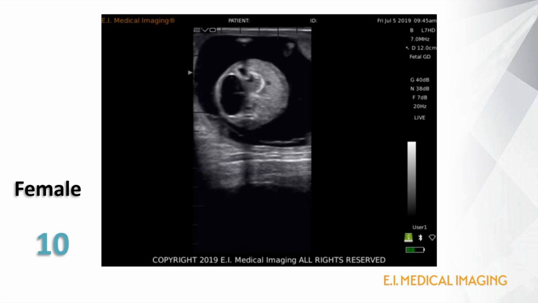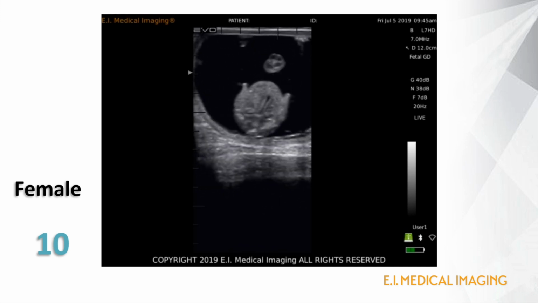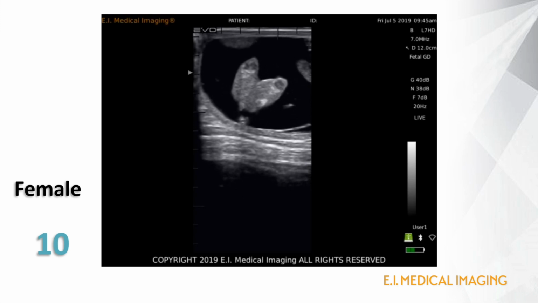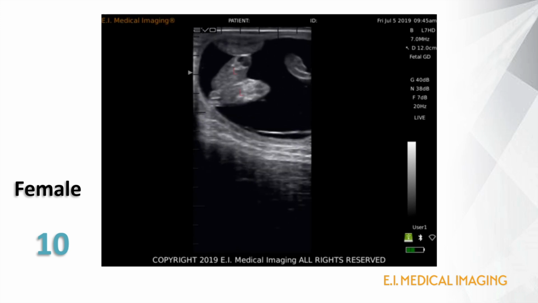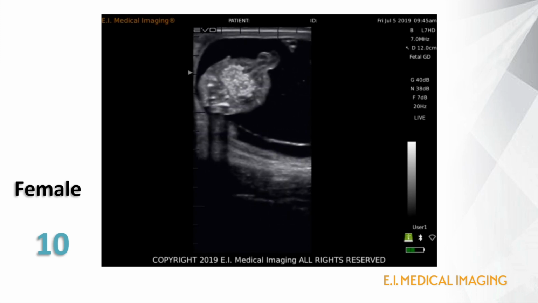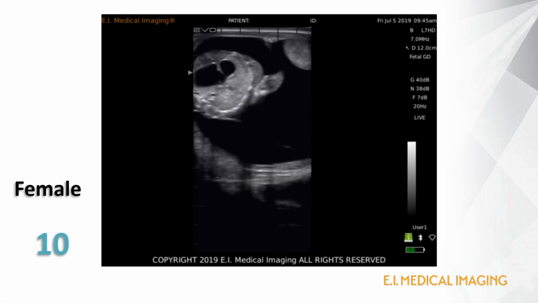We have a great view of the umbilicus entering the abdominal wall and the absence of a male GT. At the end of the clip, we see two distinct hind limbs, a tail, and the female GT. This is a heifer calf.